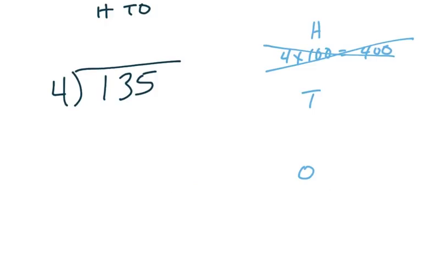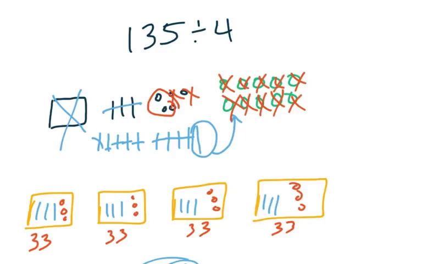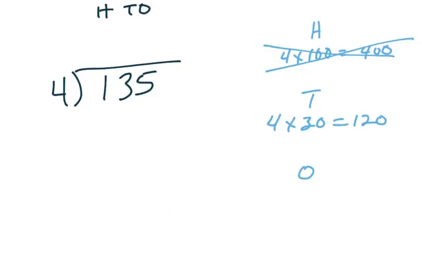Here we do 4 times 30. That's 120, because when we exchanged that flat for rods, we were able to put 3 into each group, and that has a value of 120.